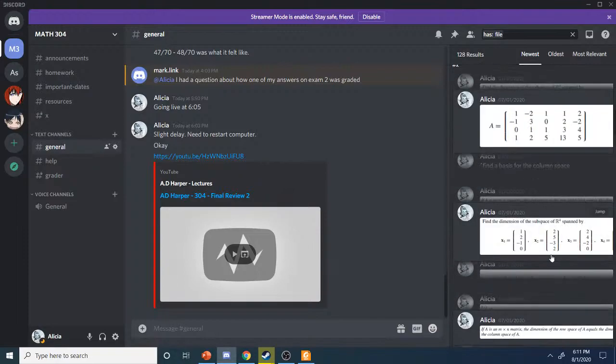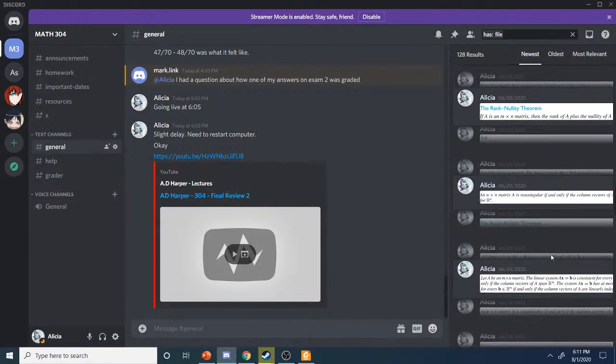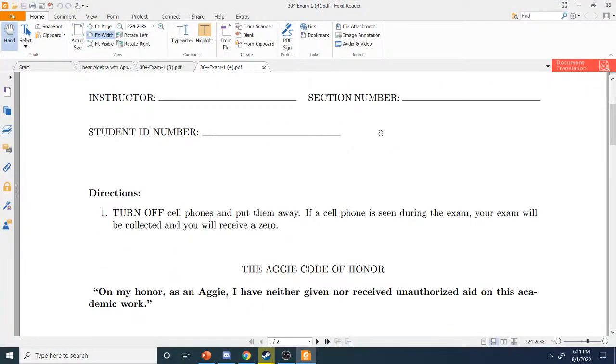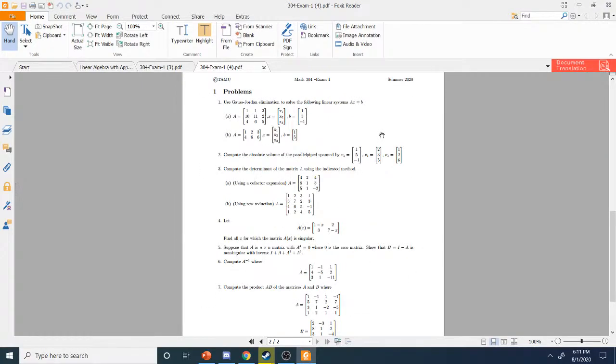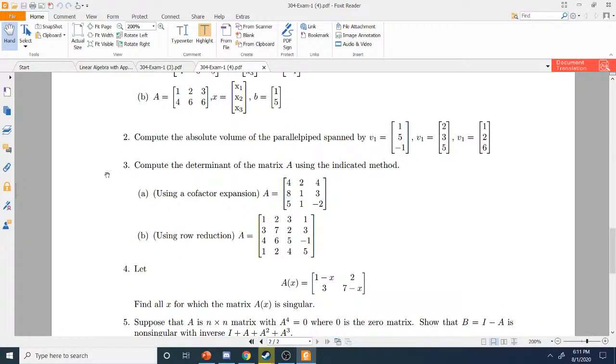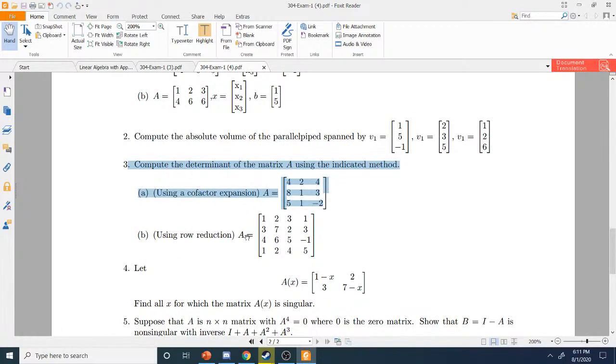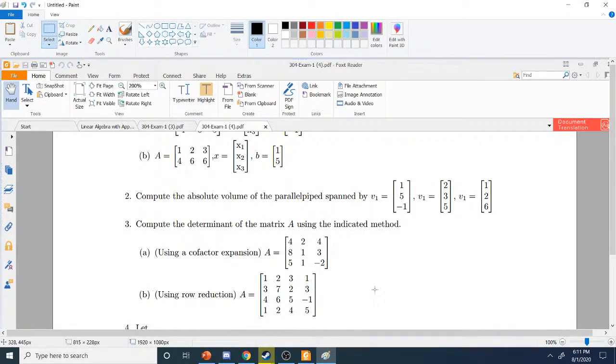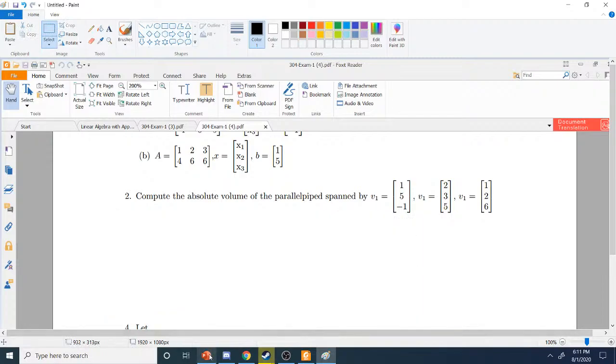Keep going back. Here's exam 1. So let me open this. Okay, so the first request was to compute problem 3, part B from exam 1. So let me take this, go over here, and bring this to PowerPoint.